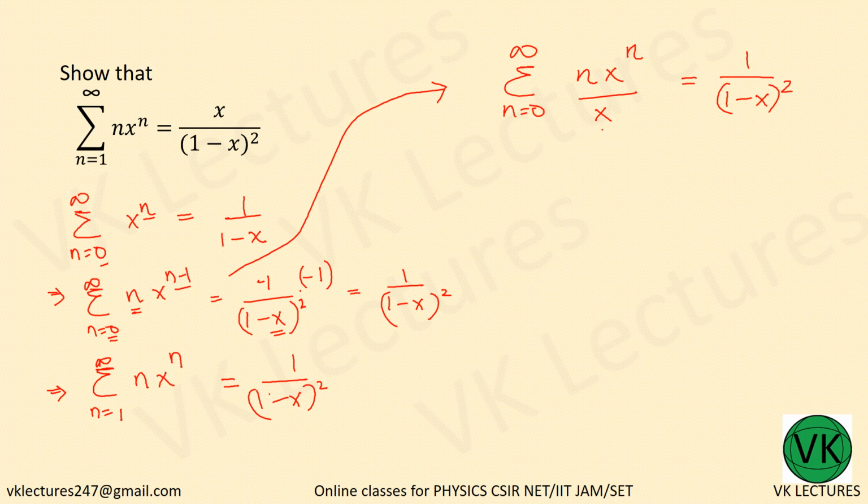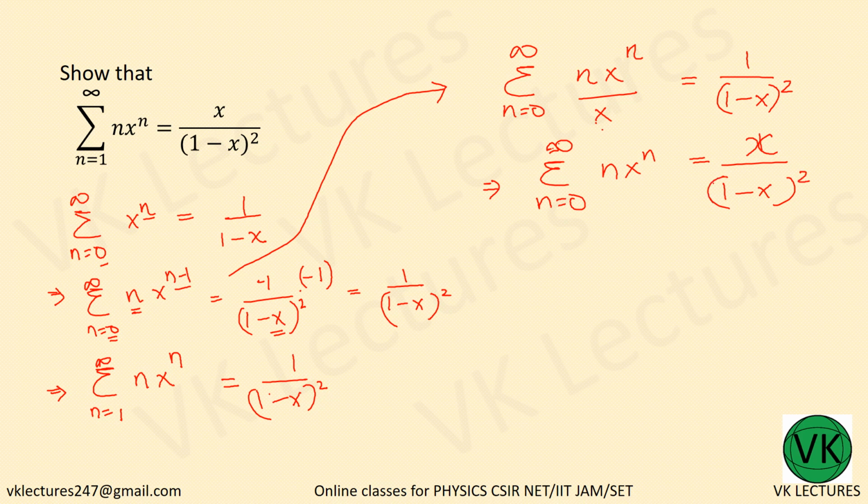Just multiplying by x and dividing by x, it became n x to the power n. Now this is equal to the sum over n equal to 0 to infinity of n x to the power n is equal to, this x will go to the left, so it becomes x divided by (1 minus x) whole square.